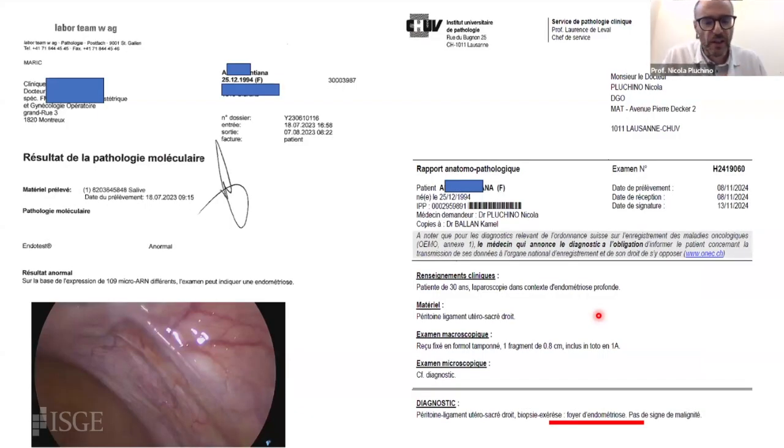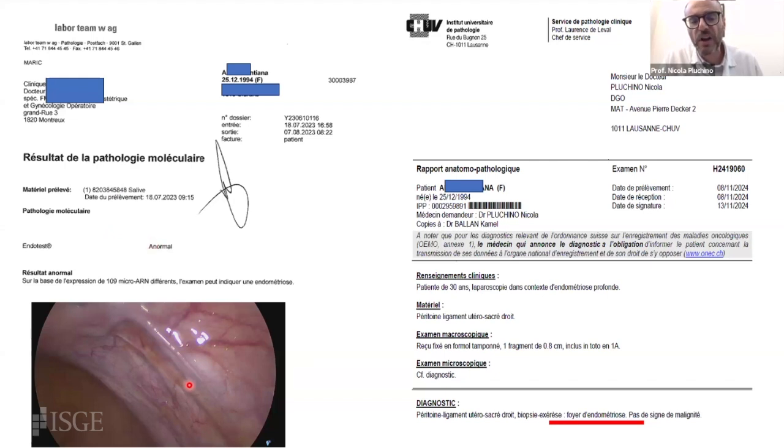But if you don't trust me, I show you the results of the histological confirmation after the excision of that lesion that I showed you before. So you see that we have here the results from the test that show the presence of endometriosis.